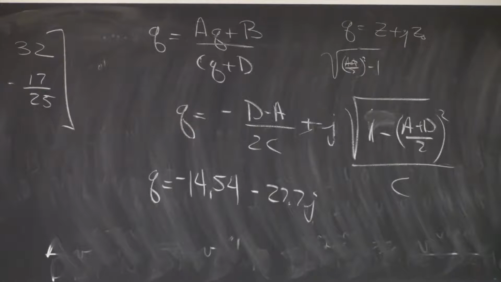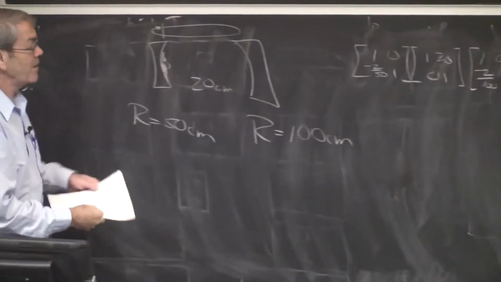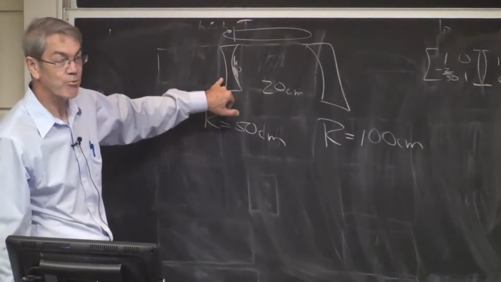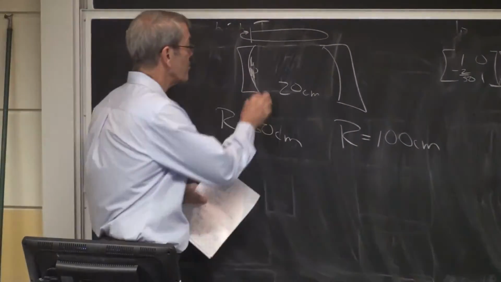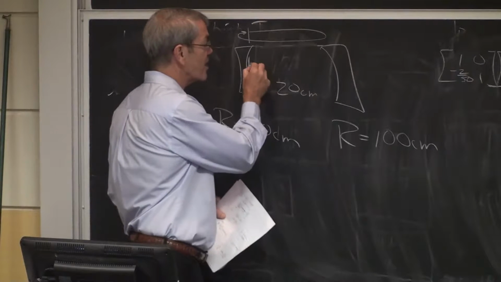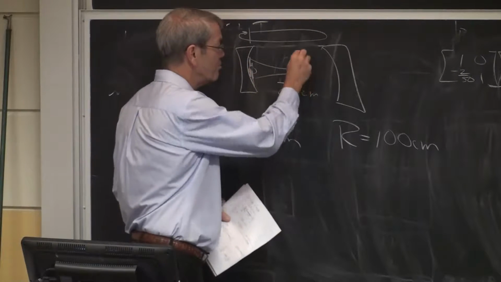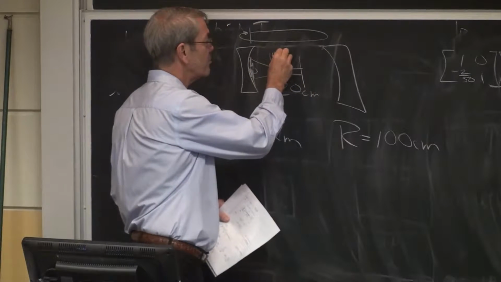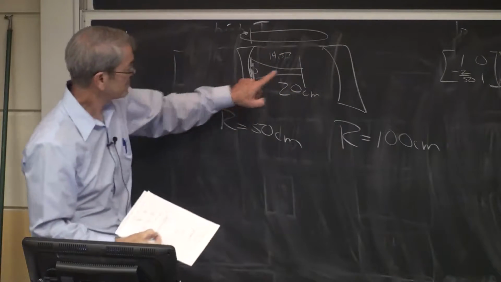Okay, where's the waist? So I started here. I know Q is minus 14.57 here, so I'm 14.57 on this side of the waist. So the waist must be 14.57 centimeters away from that mirror.